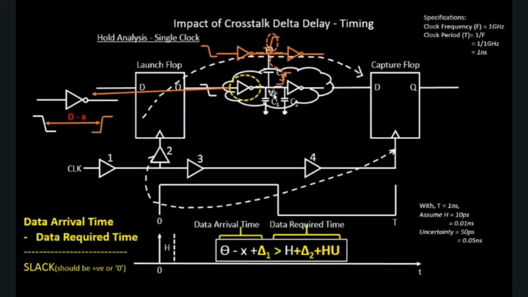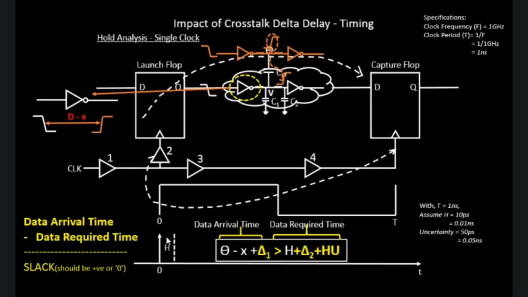Now this is only for one net. If there had been 2, 3, 10 or thousands of nets in this combinational logic which are crosstalk affected, you will see 10 times X, or multiples of that many nets times X, removal of delay from this data arrival time.